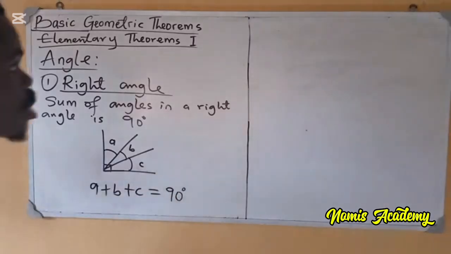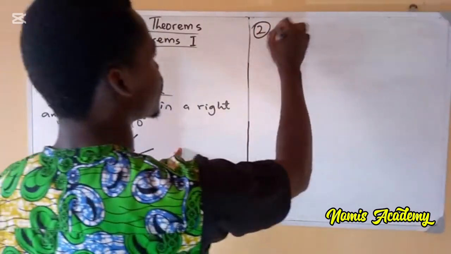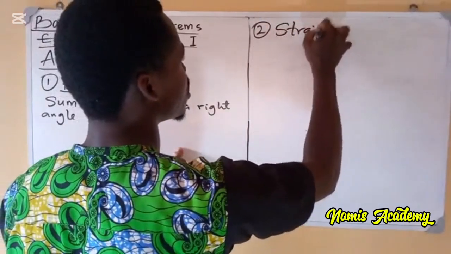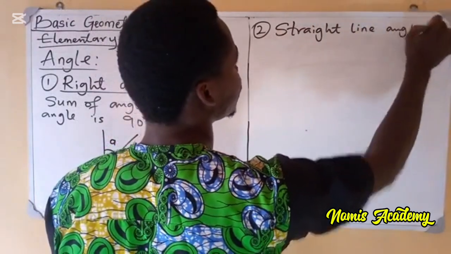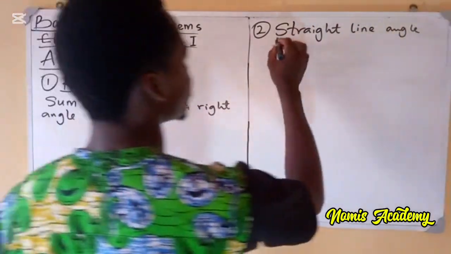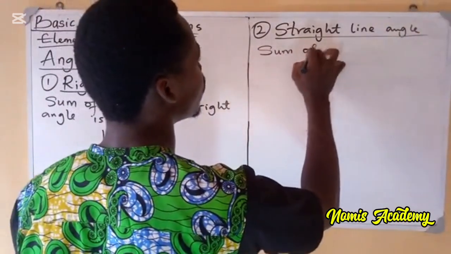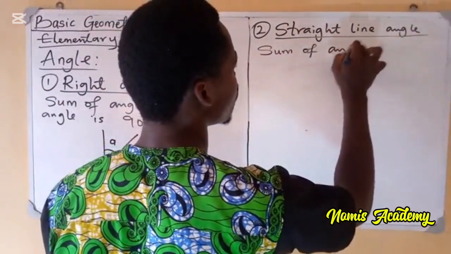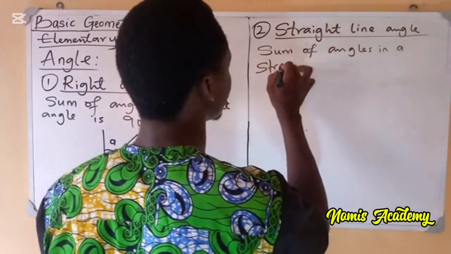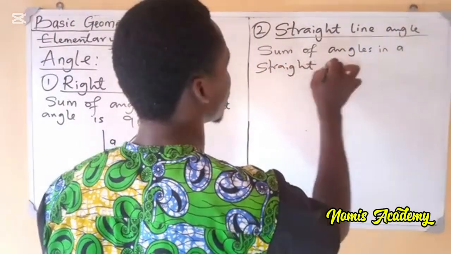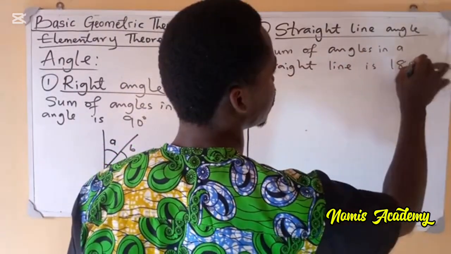Okay, let's pick the second one. Two, the straight line angle. It states that the sum of angles in a straight line is 180 degrees.